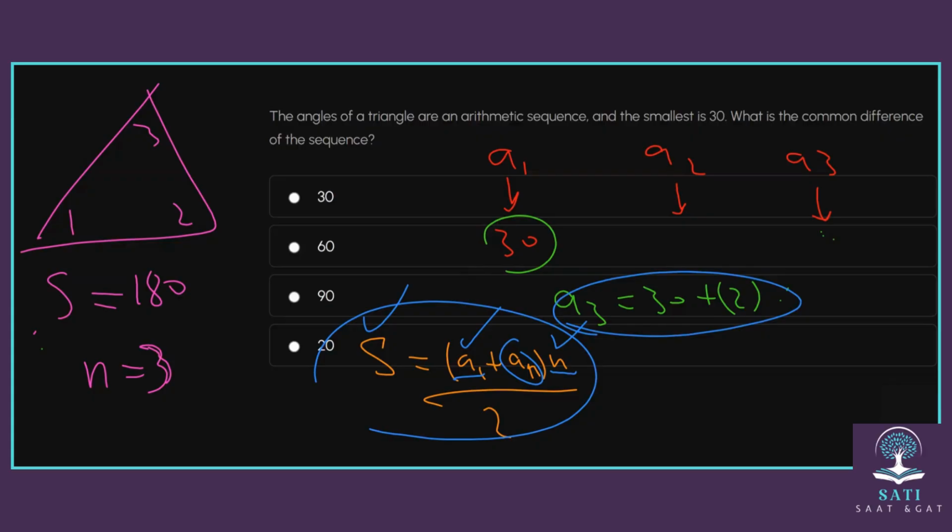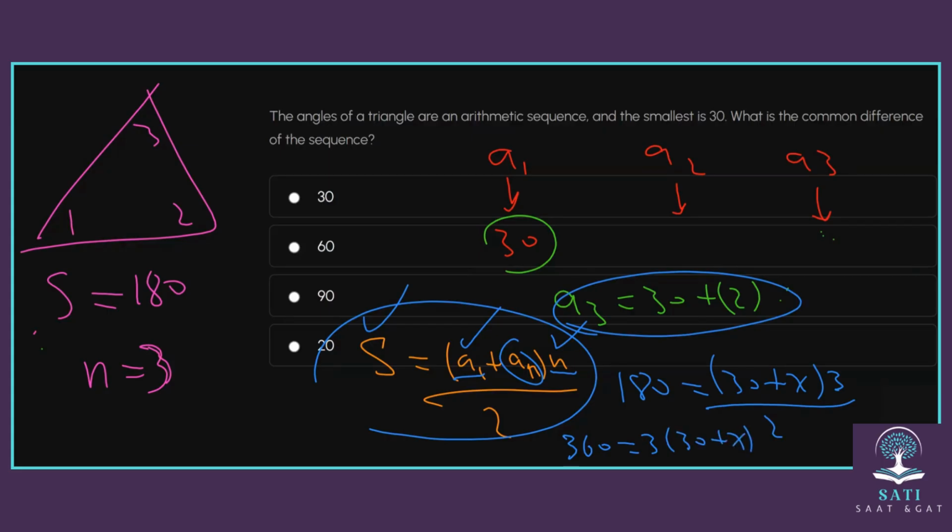If you use this formula now, it's going to be 180 equals the first term, which is 30, plus x, we don't know what the last is, then times 3 over 2. Multiply both sides by 2, it's going to be 360 equals 3 times 30 plus x.